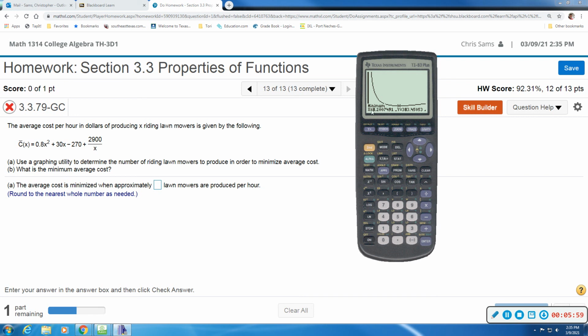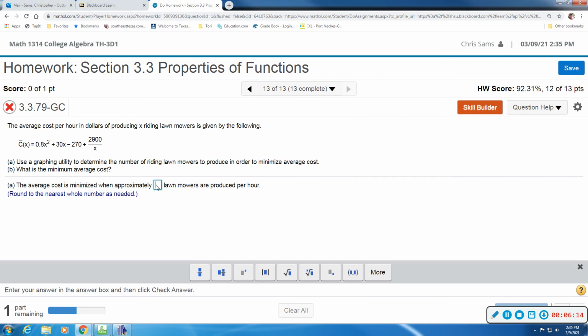Now, we don't produce portions of a lawnmower. I can't sell somebody 0.2 of a lawnmower. So real world scenario, I know 8.2 would actually round down, but you always want to round up. So we're going to go up to the next largest integer. So we want to produce approximately 9 lawnmowers to get that minimum cost. And let me move this out of the way so I can check.